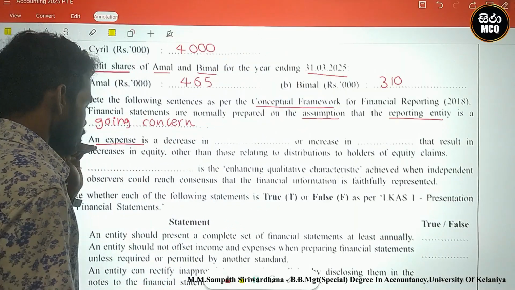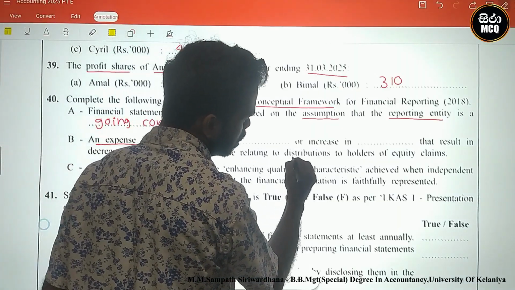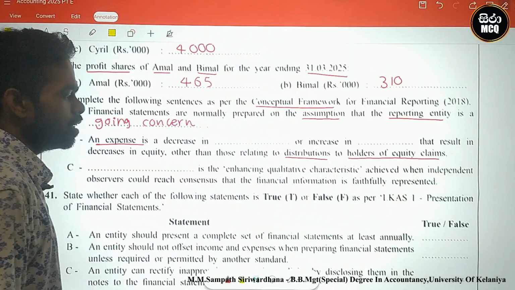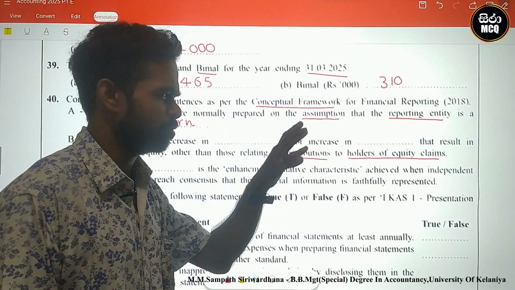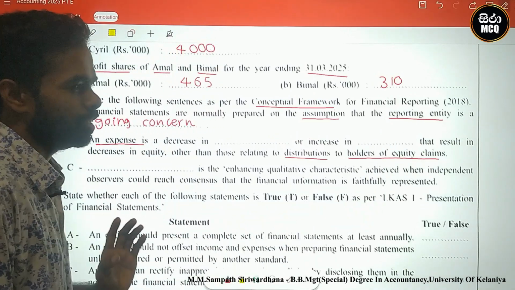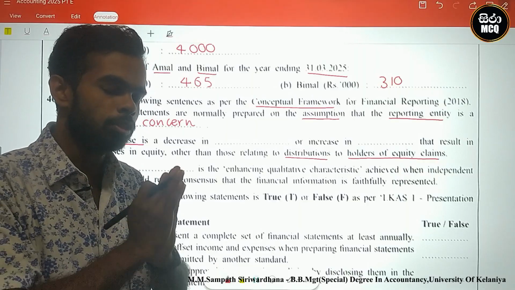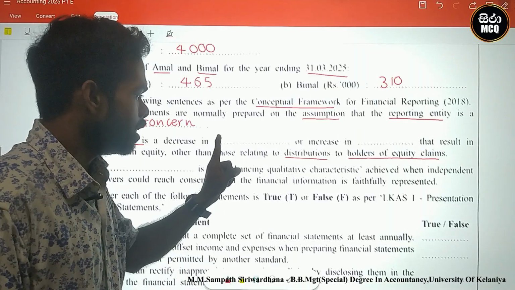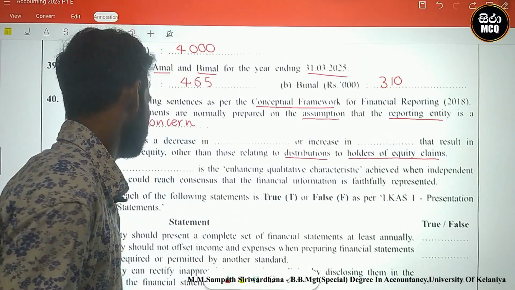Decreases in equity other than those relating to distributions to holders of equity claims. Based on an expense, equity should be deducted.